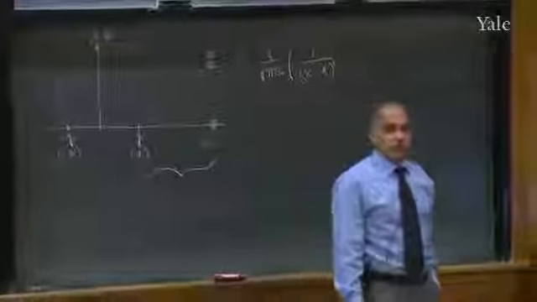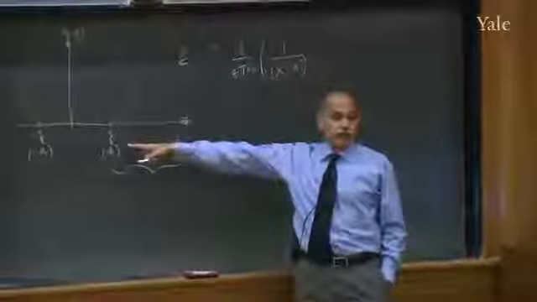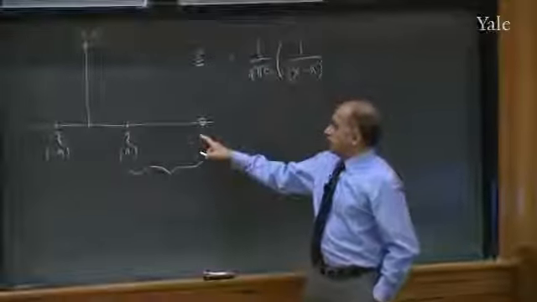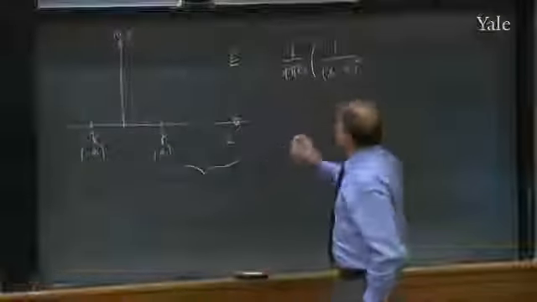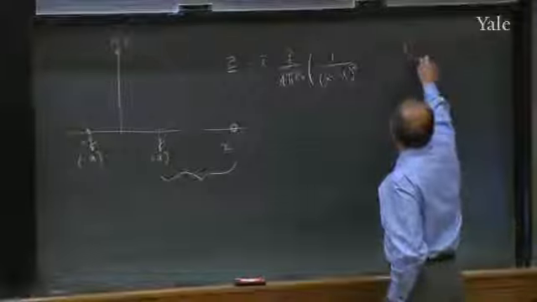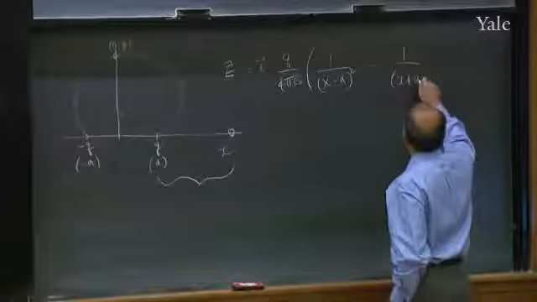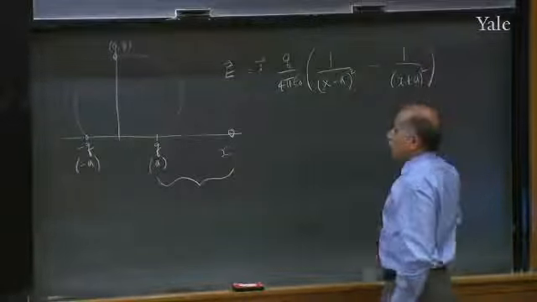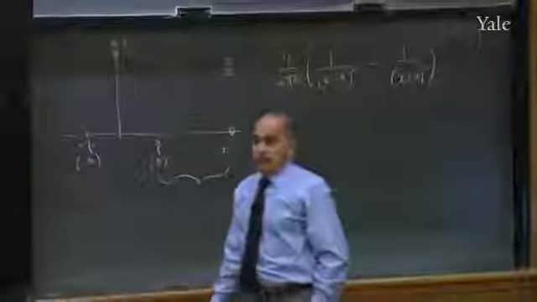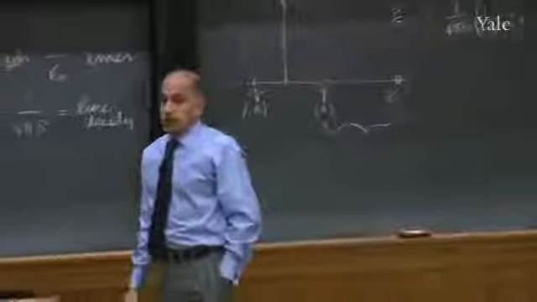That's the repulsion due to the charge that's nearer to you. Then there's the attraction due to the minus q, but it's a little further away, so it looks like a minus sign, but it is x plus a squared.